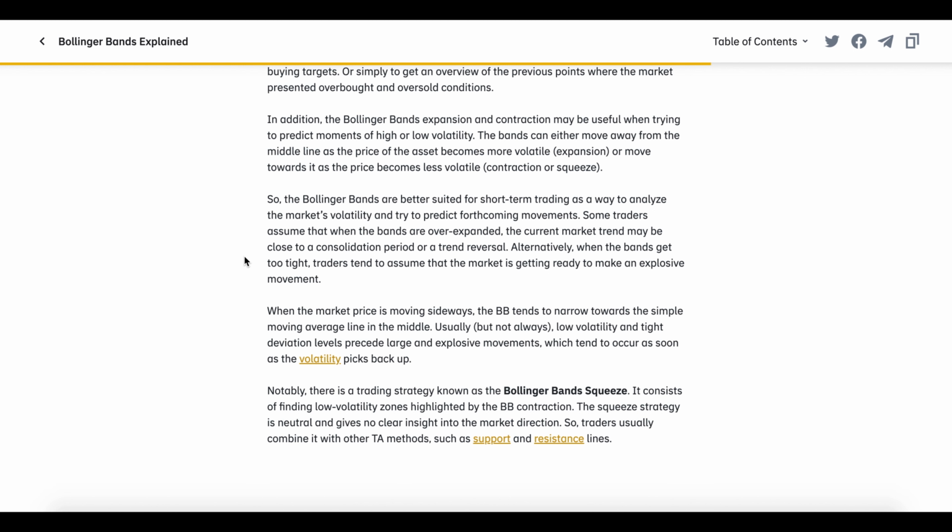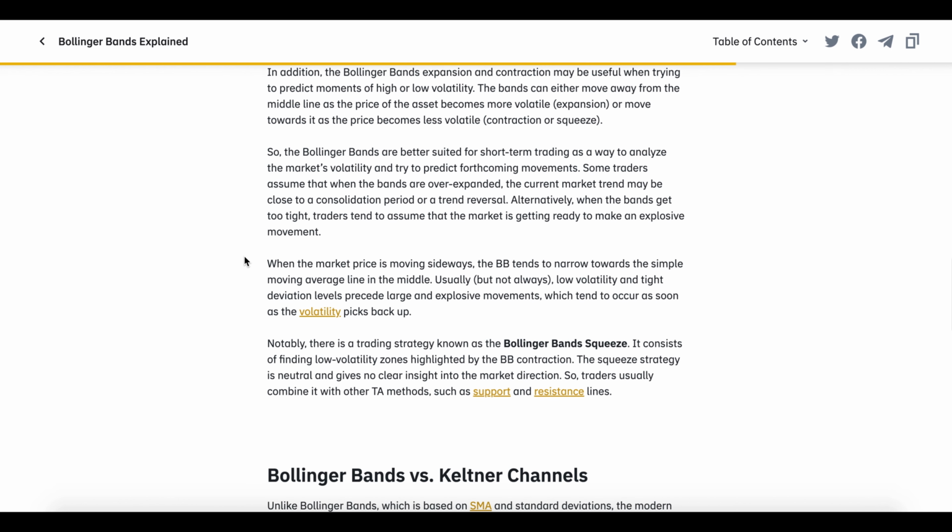Alternatively, when the bands get too tight, traders tend to assume that the market is getting ready to make an explosive movement. When the market price is moving sideways, the BB tends to narrow toward the simple moving average line in the middle. Usually, but not always, low volatility and tight deviation levels precede large and explosive movements, which tend to occur as soon as the volatility picks back up.